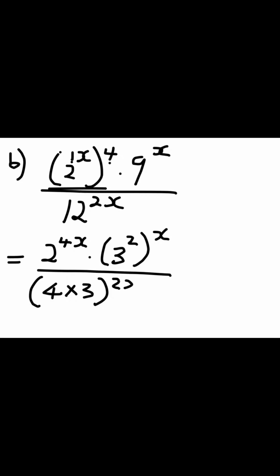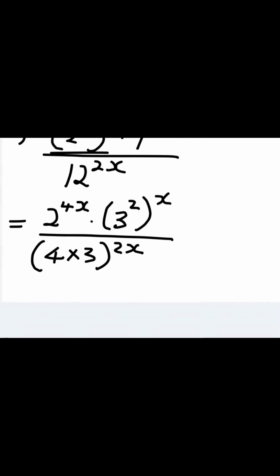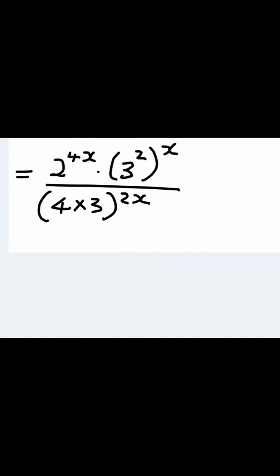Obviously, it is to the exponent of 2x. So be careful and be considerate of how I've done it. It is 4 times 3, which is equal to 12, because it cannot be written as something being the base raised to whatever. So now in terms of the next step, you just keep on doing what you can do.